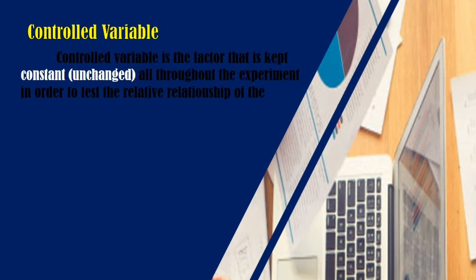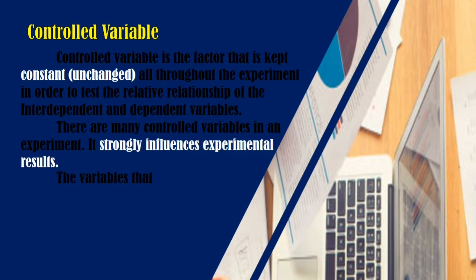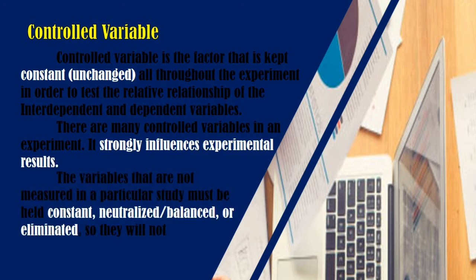This is the factor that is kept constant or unchanged all throughout the experiment in order for the researcher to test the relative relationship of the independent and dependent variables.